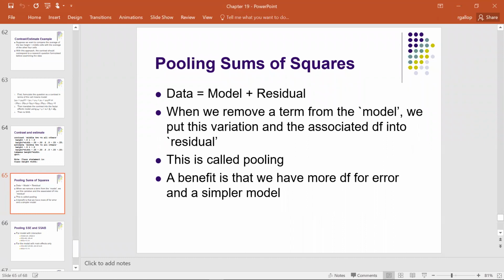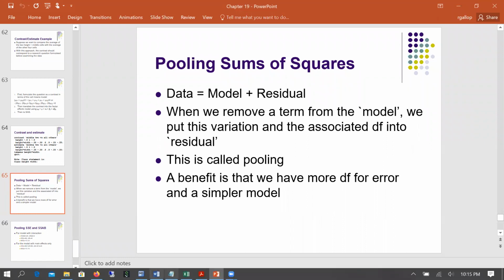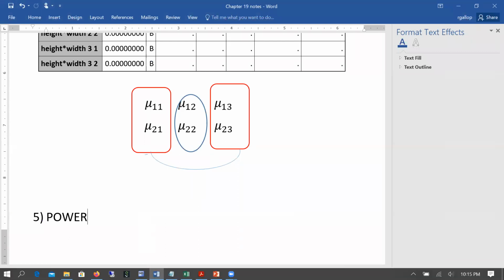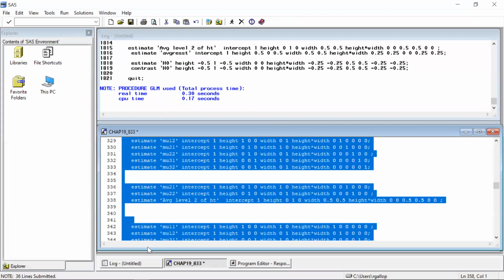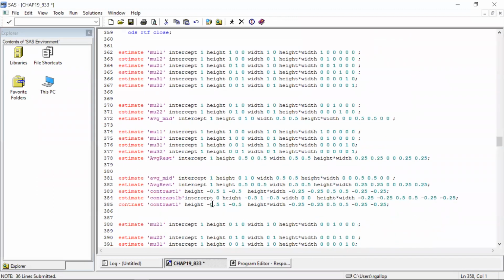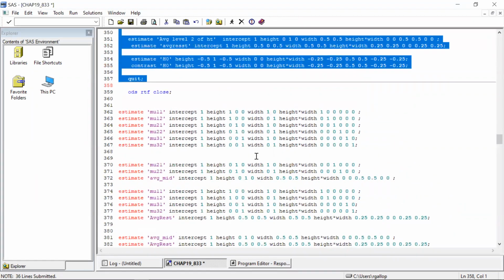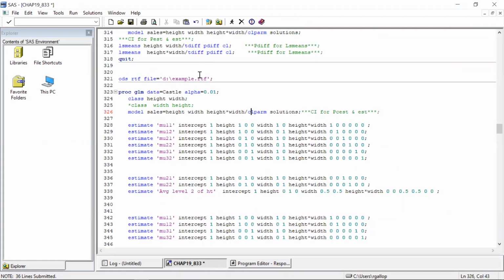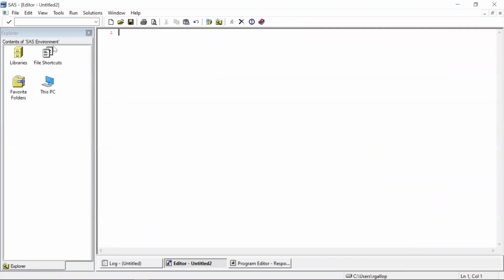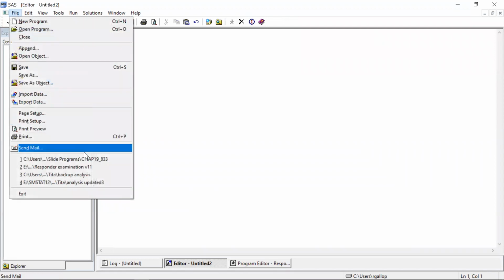So that's what we got there. I'm going to go back to our original code. Not that Word document, our original SAS code. So if we go to the original SAS code, you can see here, so let me just come back fresh.